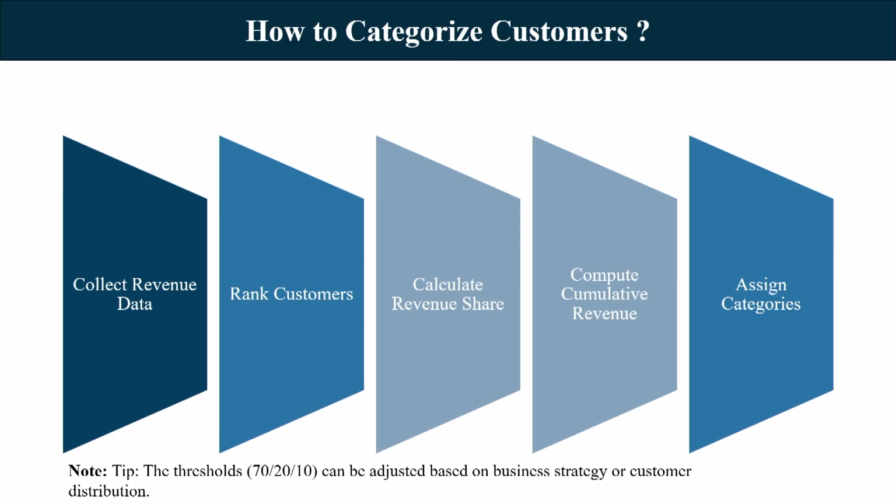Then, let us say 20% customers are taken into consideration, what is the revenue that they are giving? It can be 80% or it may differ a bit, fine. So, now we have to assign the categories accordingly, and probably we can initiate the marketing strategies accordingly as per whether the customer belongs to the A category or the B category or C category, right. So, this is the basic concept of ABC customer segmentation.